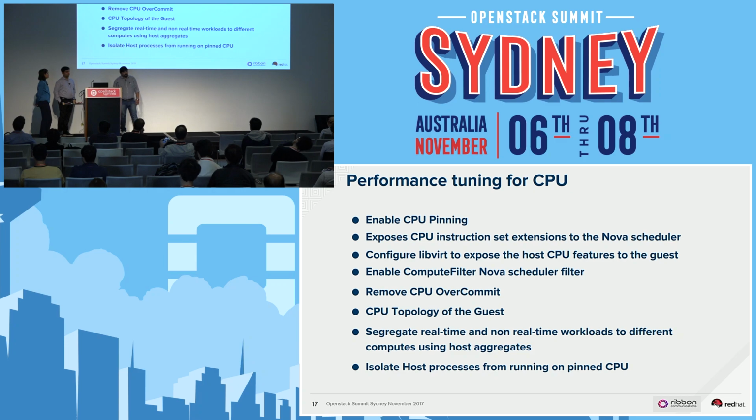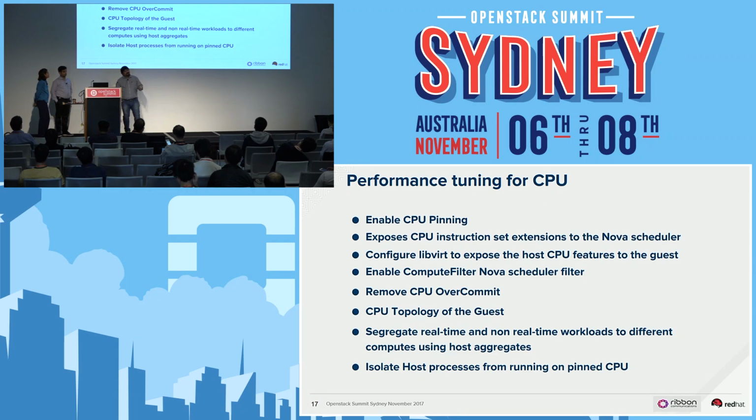As much as you can expose the host level instructions to the guest, that gives you the maximum performance from the CPU perspective. One more major thing is that by default OpenStack has a 1:16 overcommit from the CPU perspective, which has to be definitely removed in the case of telco NFV, because we cannot have CPU overcommit in a compute where a telco NFV or real-time applications are running. Then segregation of real-time and non-real-time workloads will obviously give you more benefits of properly utilizing your computes.